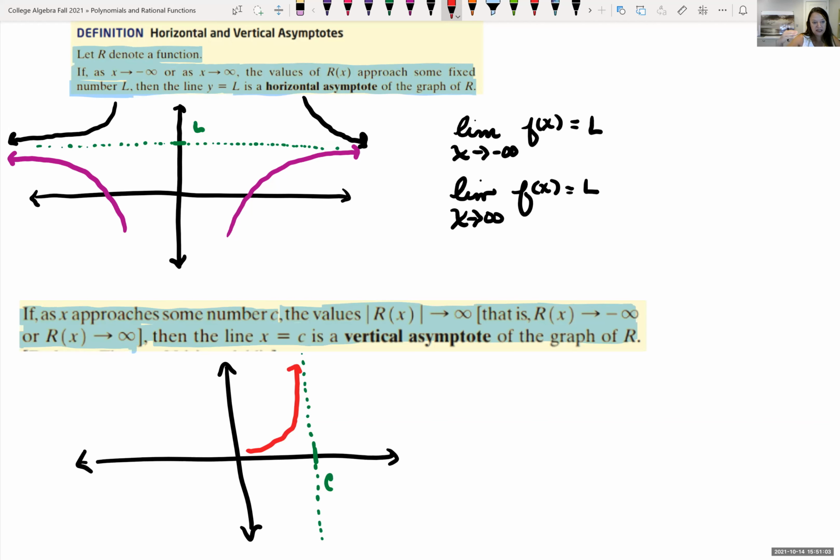They can both on each side be coming up the same direction, or they could both be going down the same direction, or one can be going one way, one going the other way. But as we're getting closer to x equals c on the left and the right, our y values are shooting off to positive or negative infinity.